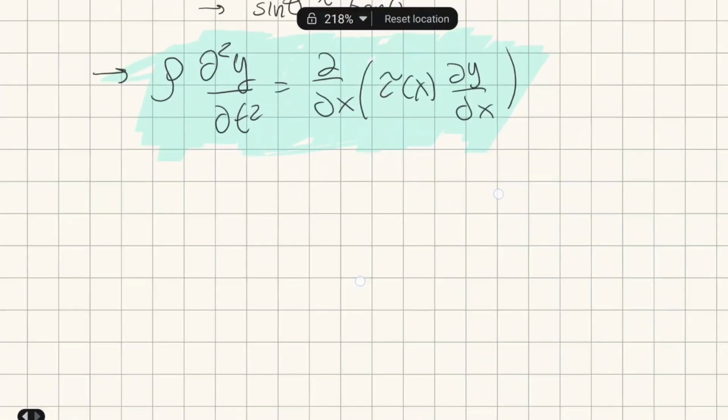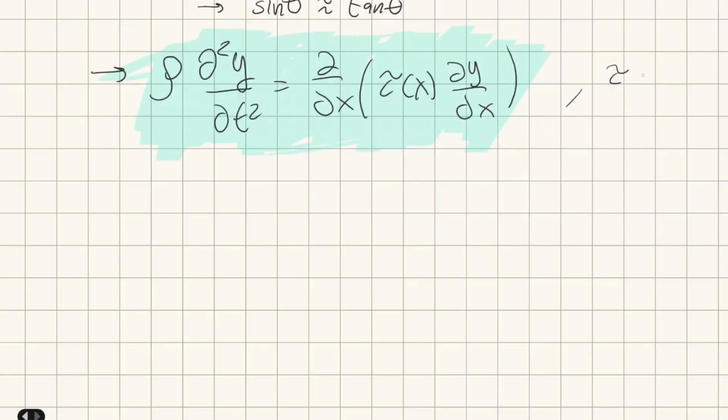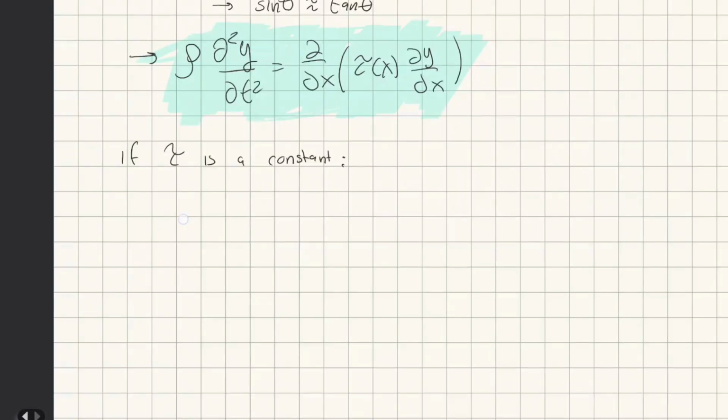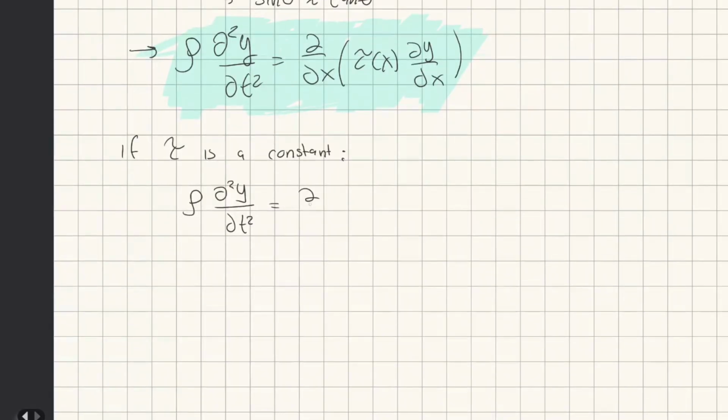Now, a very important case is where the tension is constant. What happens in that case? We have that rho times the second derivative of y with respect to time is equal to, letting me take that tau out, tau times the derivative with respect to x of the derivative of y with respect to x, which is equal to tau times the second derivative of y with respect to x.